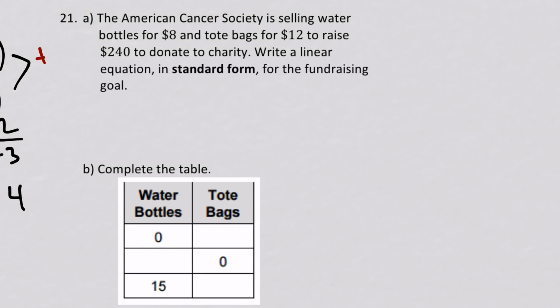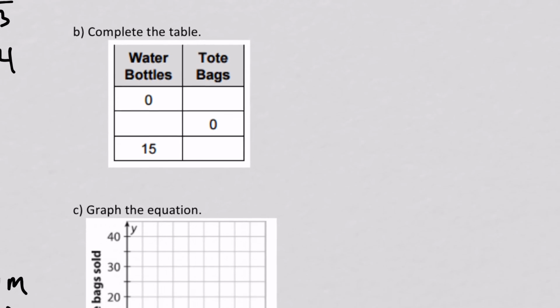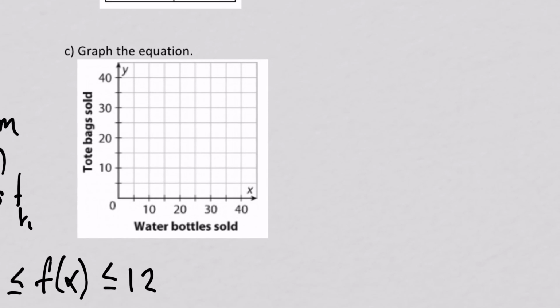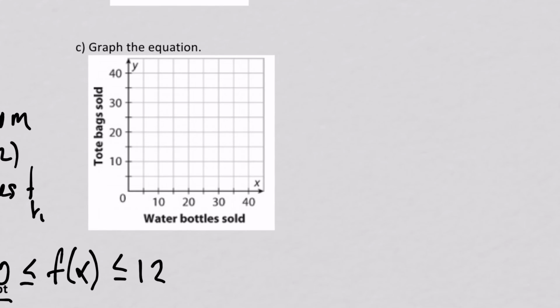For an equation, what you need to do is come up with a variable to represent the tote bags and a variable to represent the water bottles, okay? Since down here I can see that I already have a graph that has an x and a y, and x is water bottles and y is tote bags, I'm going to stick with that so that I don't get confused later.